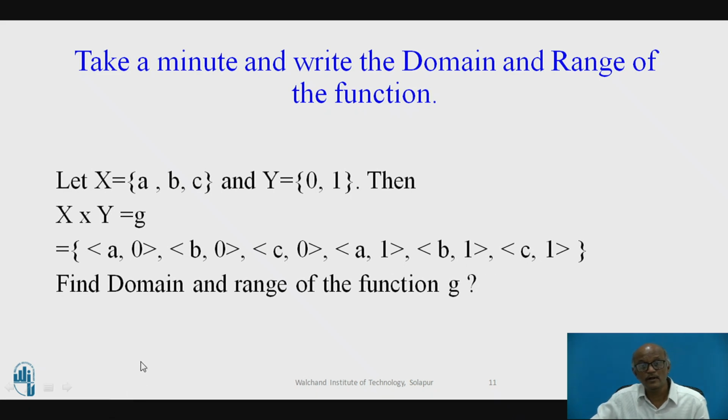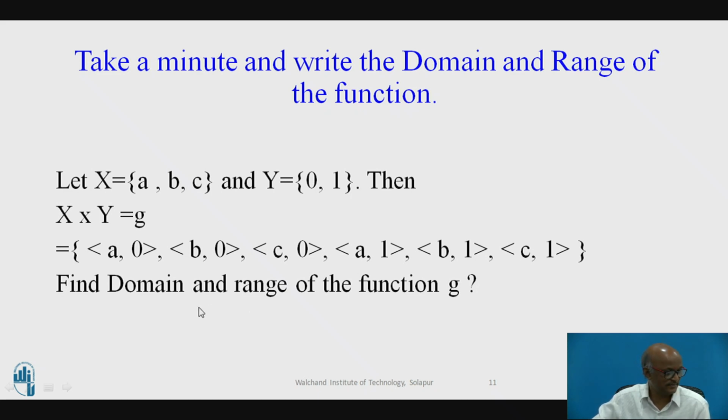Take a minute and find out the answer. From this mapping, a, b and c are the elements from set x, and 0 and 1 are involved from set y.